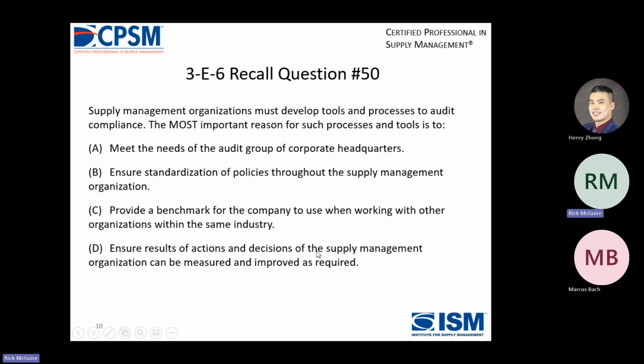All right, one more here. Supply management organizations must develop tools and processes to audit compliance. The most important reason for such processes and tools is to what? I think you can throw out two of these pretty quickly too. So A is pretty ridiculous.